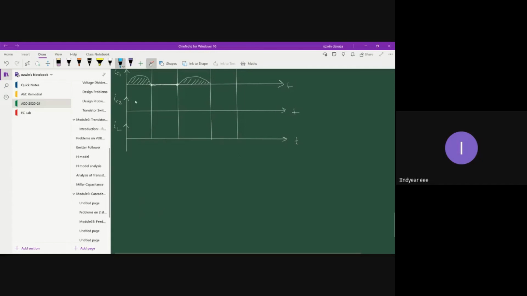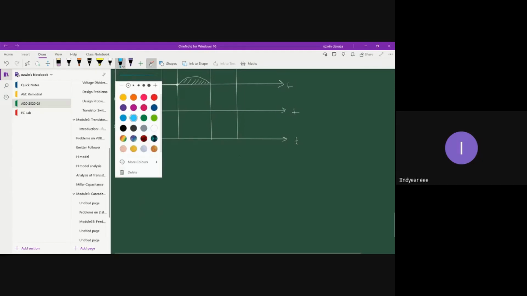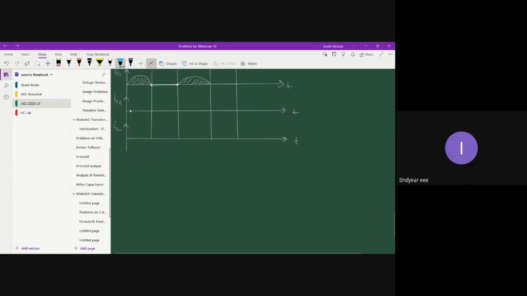So let me use blue color over here. It's slightly thicker. So off. The transistor doesn't work for 0 to 180 duration.